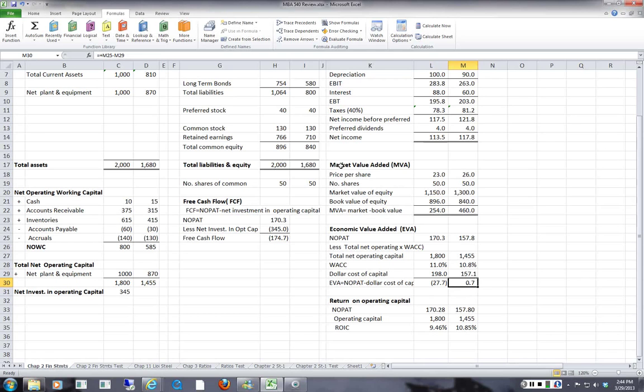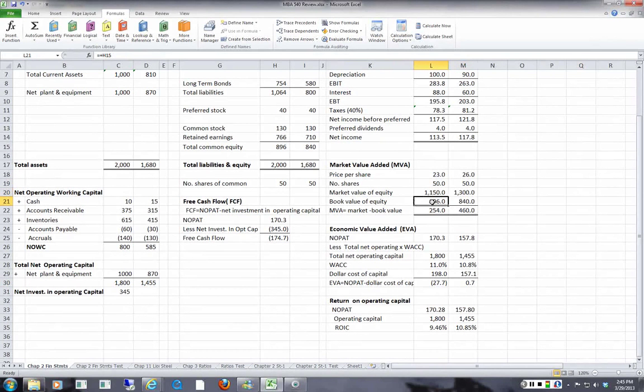Now, the last one we want to talk about is market value added. The market value added takes the price per share, multiplies it by the number of shares, and then that comes up with the market value of equity. That's $1,150,000 and $1,300,000 in the preceding year.